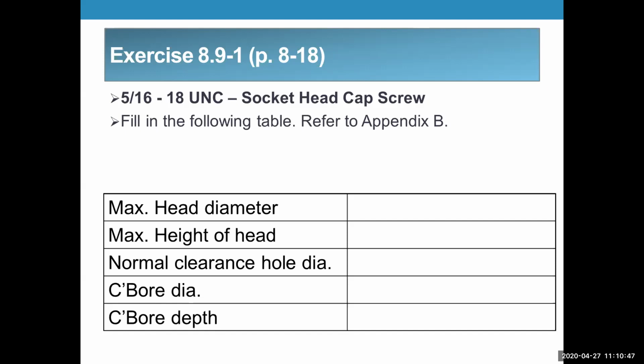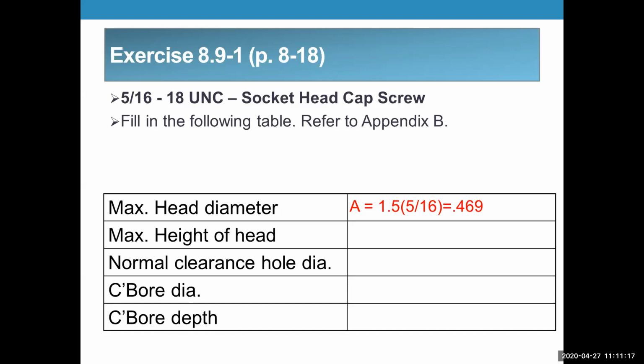Maximum head diameter is going to be 1.5 times 5/16. If you take 5/16 and turn it into a decimal figure, that is 0.3125 times 1.5. So the answer would be 0.46875.